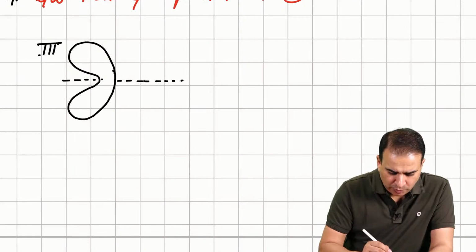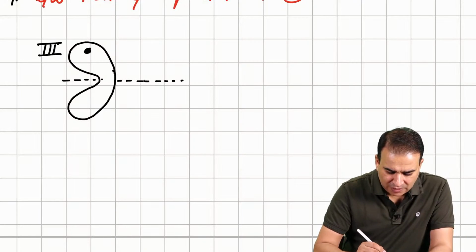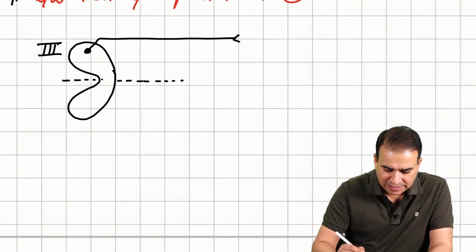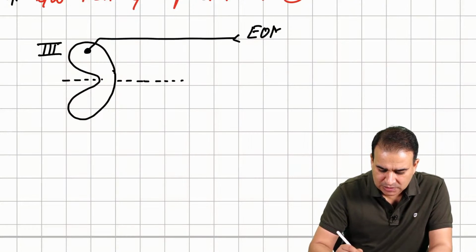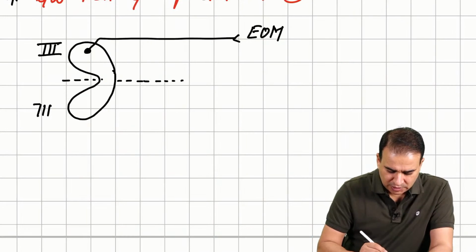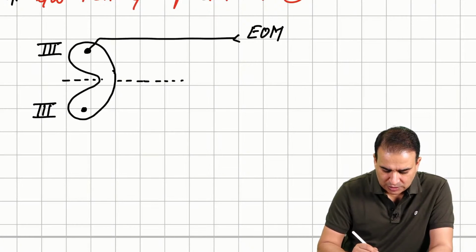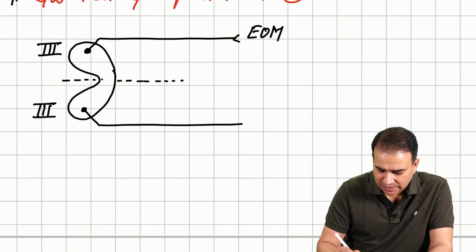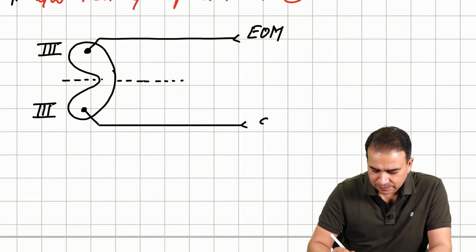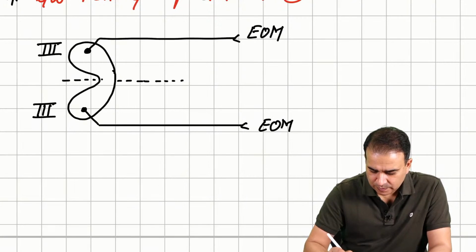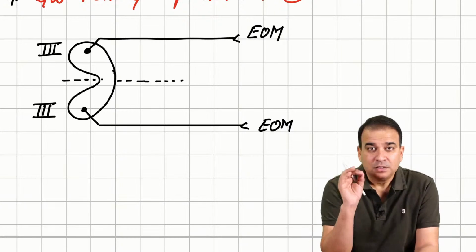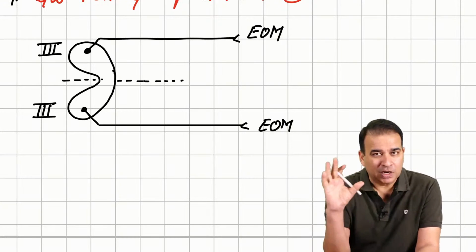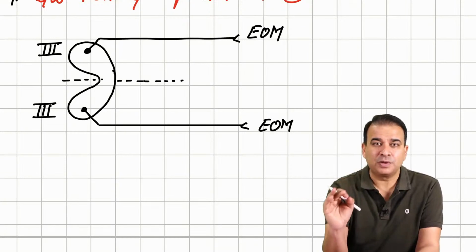Now, no problem. The third nucleus of the left side will still go and supply the muscles of the left side only. It is supplying the extraocular muscles. The third nucleus of this side will supply the muscles of this side. Again, no problem with that. Except one: the superior rectus. Whatever muscles are supplied by the third nerve, superior rectus is very special.